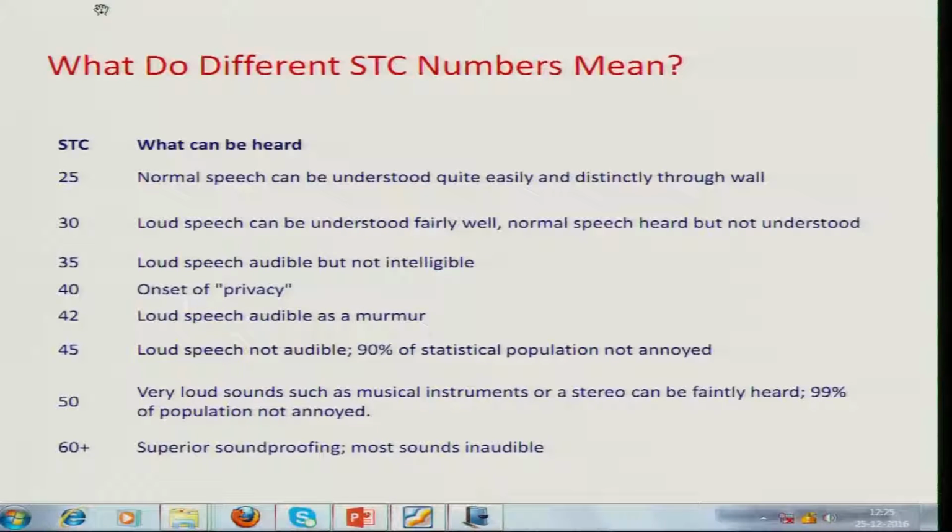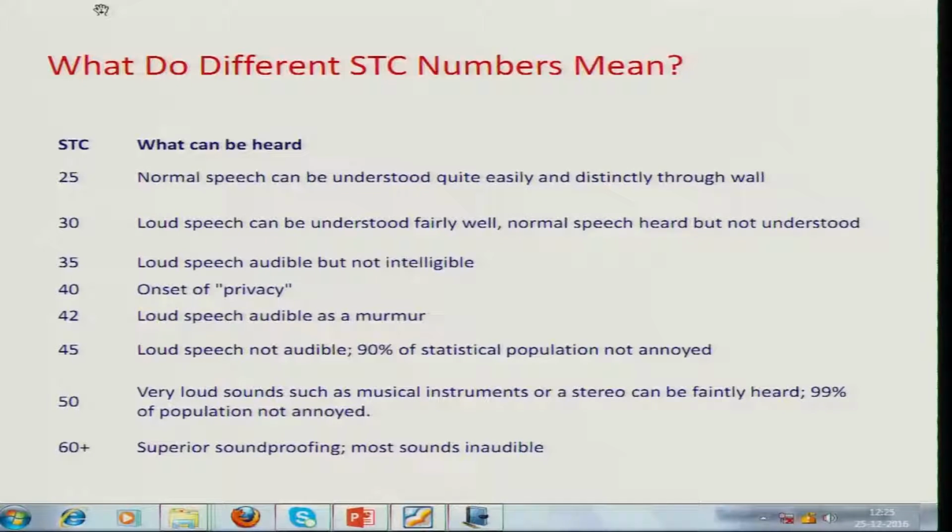In this room there is some noise source, people are talking, and I put a partition here and observe what kind of sounds I am listening to. If the STC rating of this partition is 25, then whatever is being talked on the other side will be understood easily and distinctly.